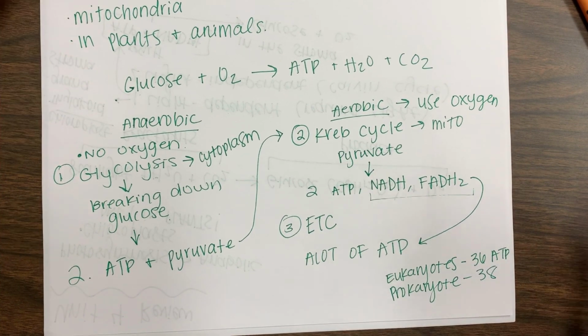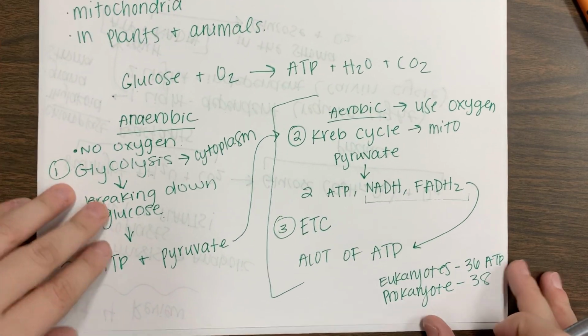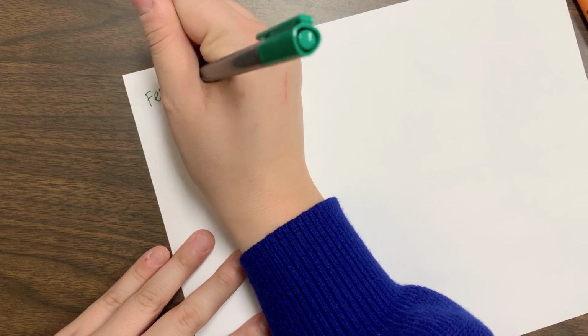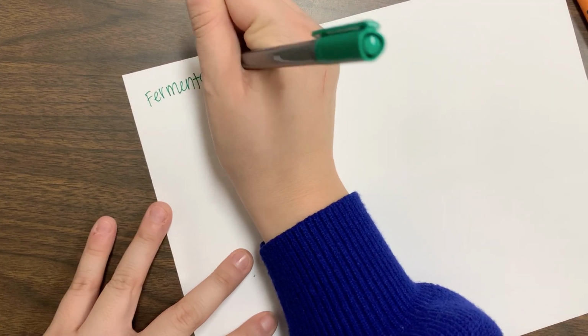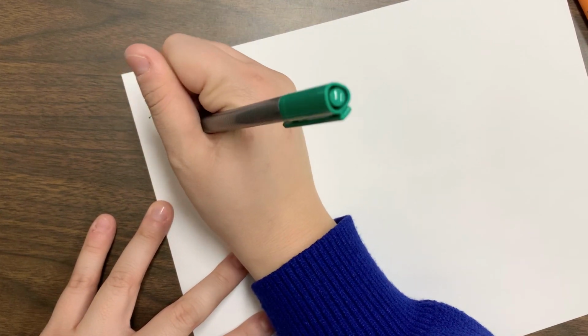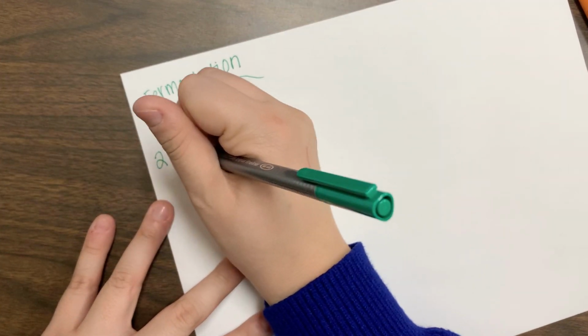Okay, but in not all cases, you have oxygen available in order to go through these two processes. So what your body does instead is this process called fermentation. So fermentation is going to be another anaerobic process. So no oxygen. And there's 2 types.